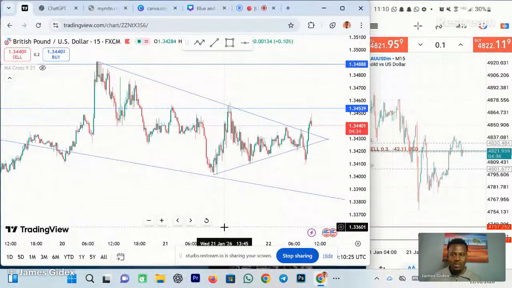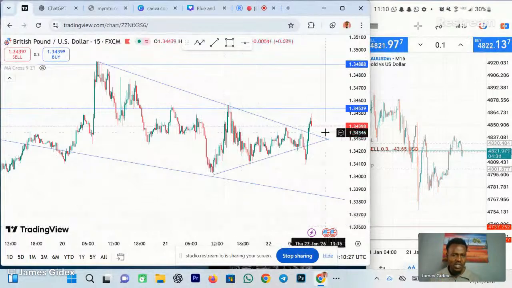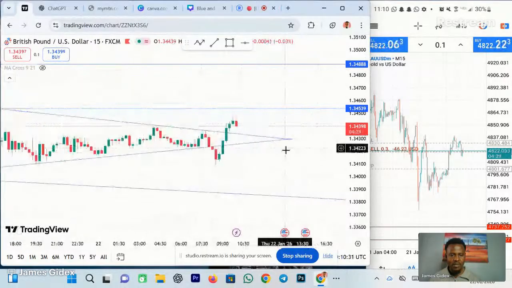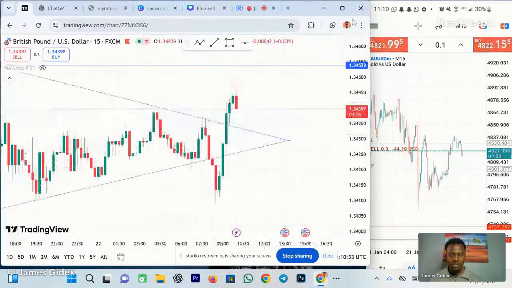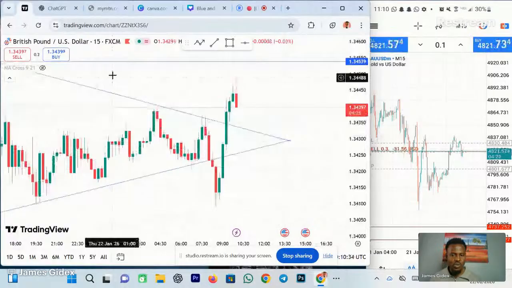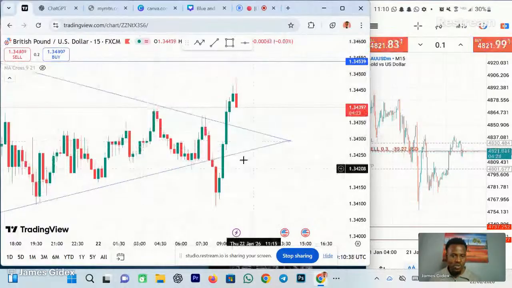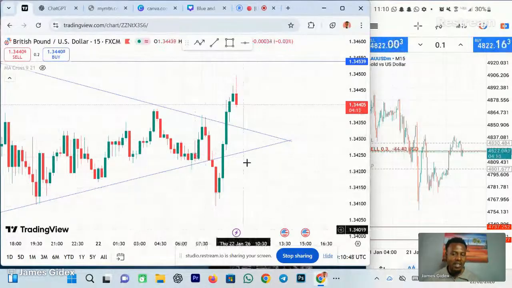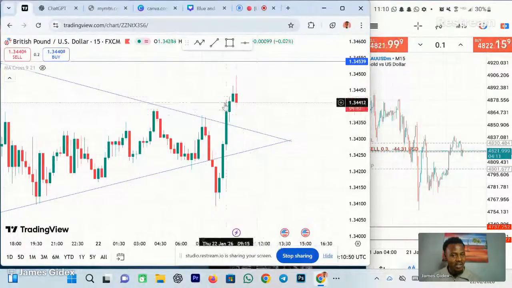For GBP USD, I am expecting it to get to this particular level. This is a triangle strategy right here. It might have taken a lot of people out here, then get back and move in that same direction.